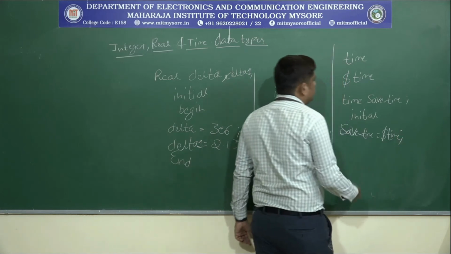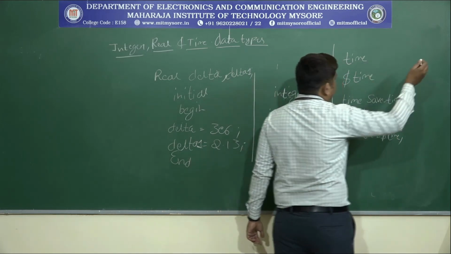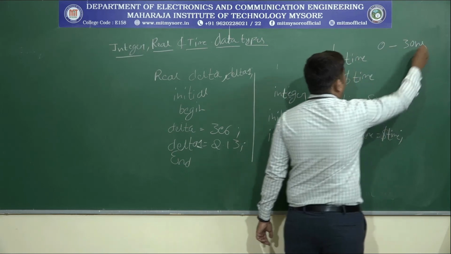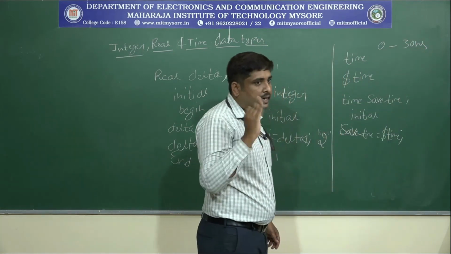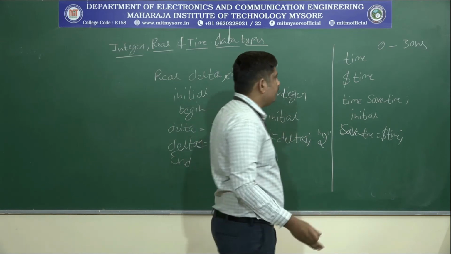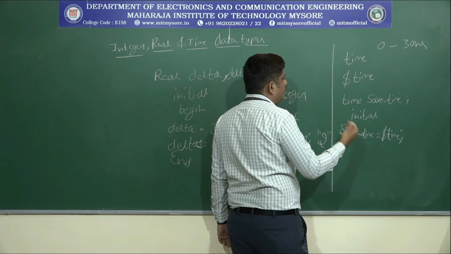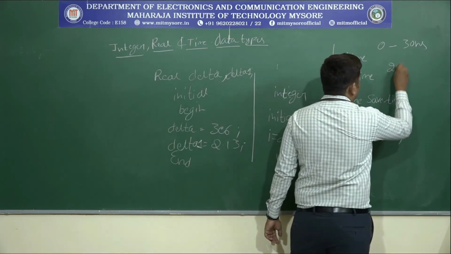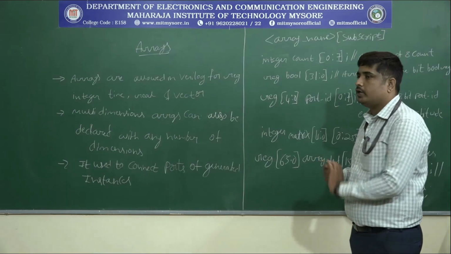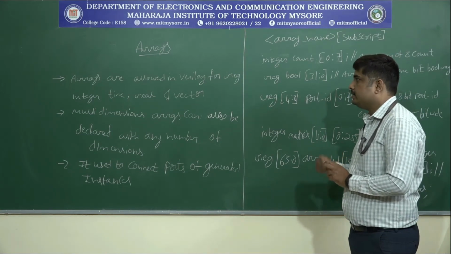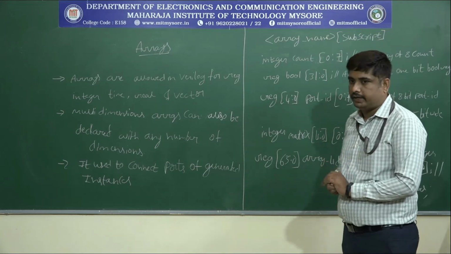Suppose the total simulation time is around 0 to 30 nanoseconds. We want to calculate the current simulation time, and at that time you have to use save_time dollar time. So the current time may be 820 nanoseconds. Previously we discussed register, integer, time, real and vector.